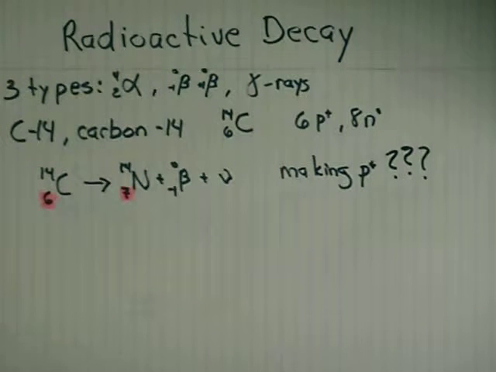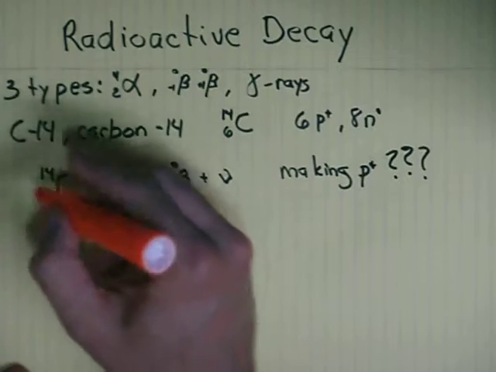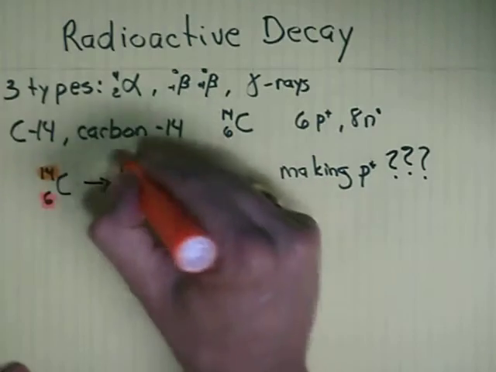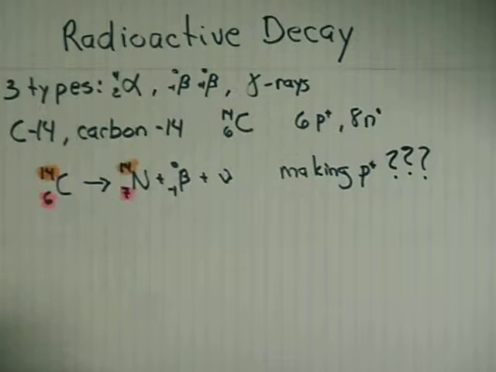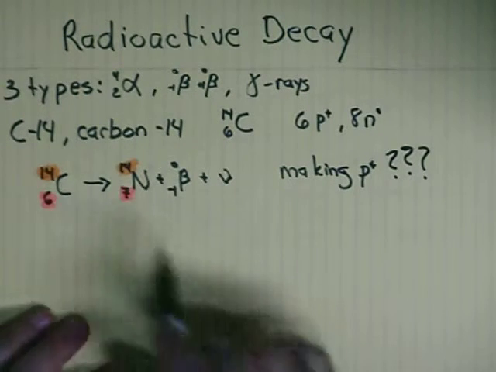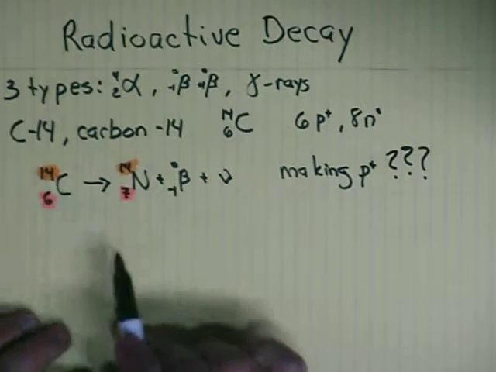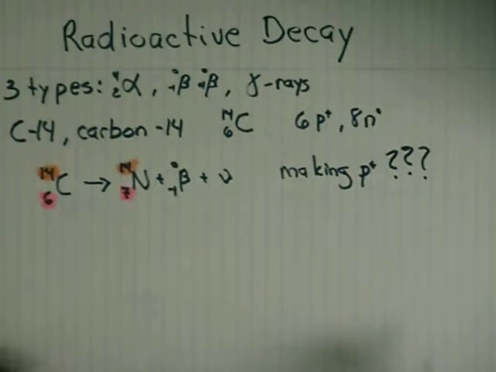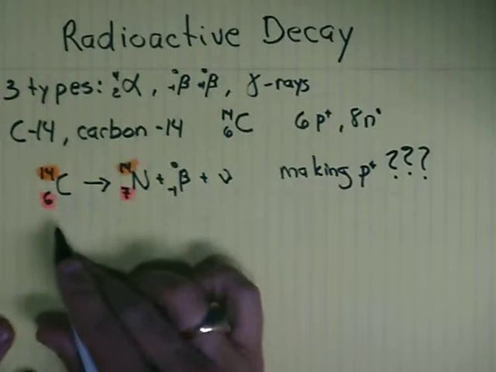One thing of note is if we look at the mass, the mass doesn't change. Mass of carbon-14 is 14. Mass of nitrogen-14 is 14 as well. So the mass isn't changing. So what do we have on this side?